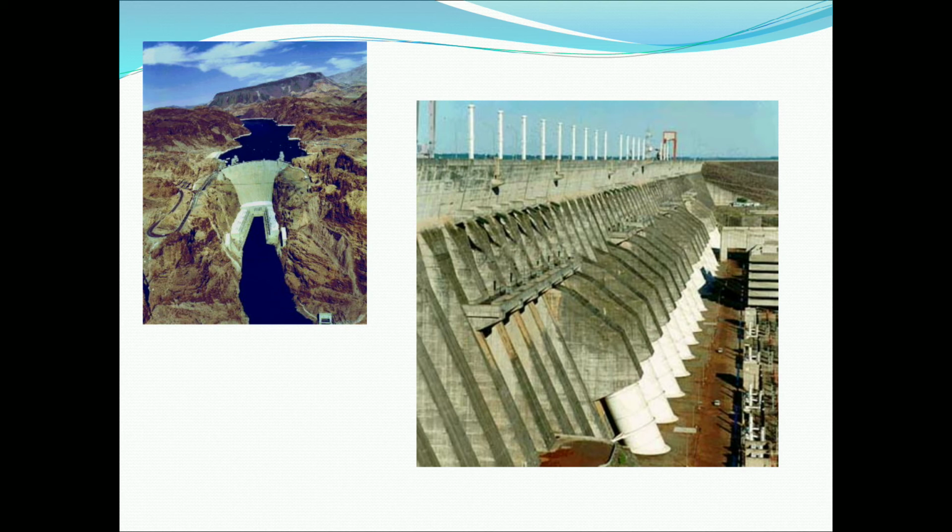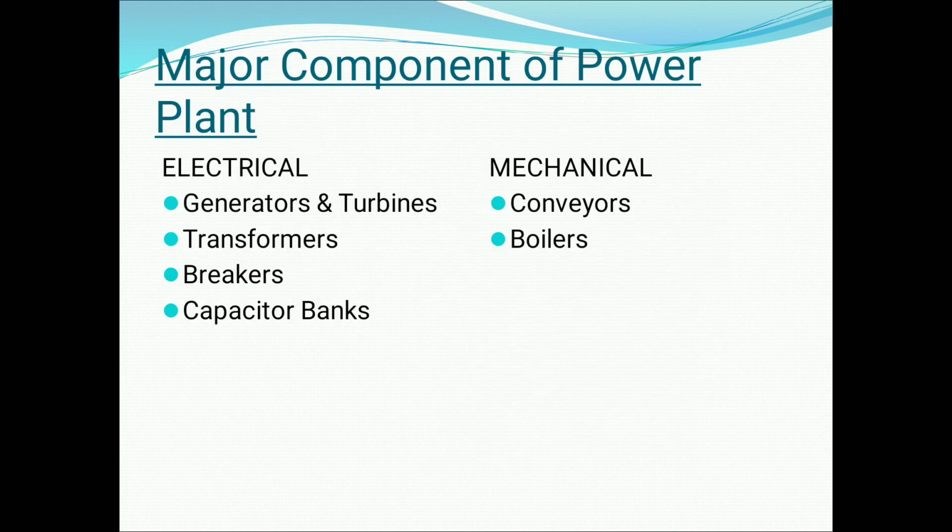This is the dam. The water is falling down, and now we can understand the major components of the power plant. The major components are the generator, turbine, transformers, breakers, capacitor banks, the conveyor and the boiler.